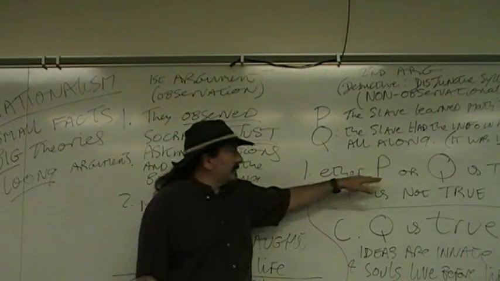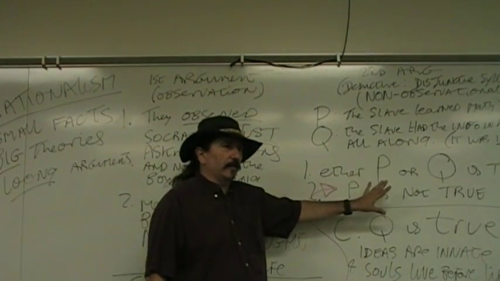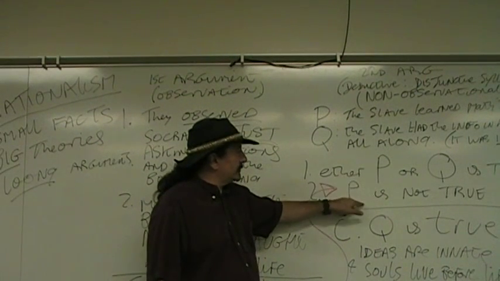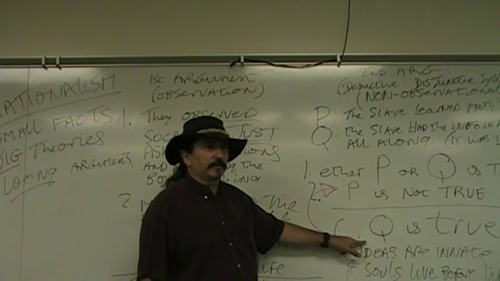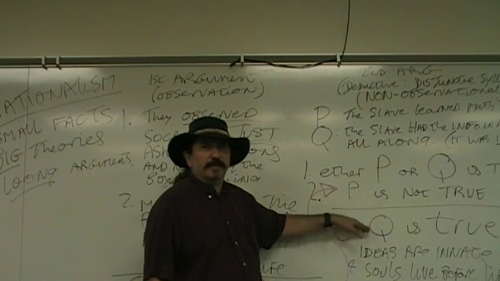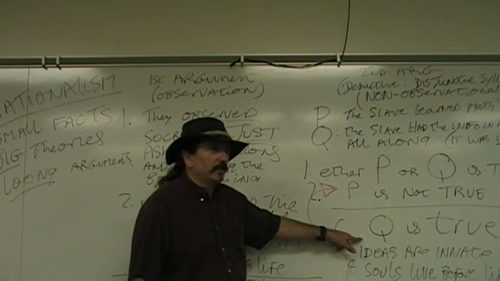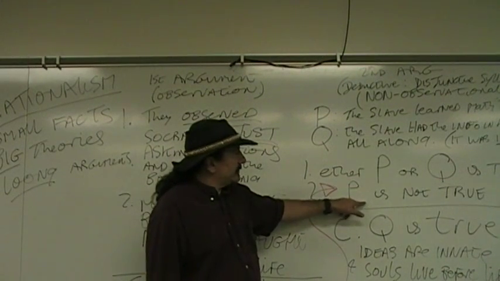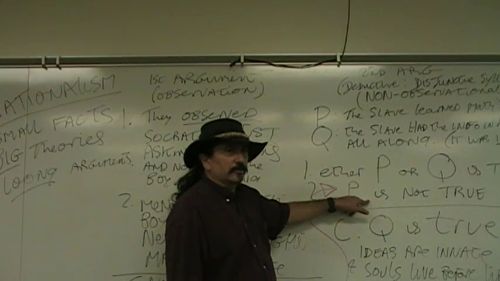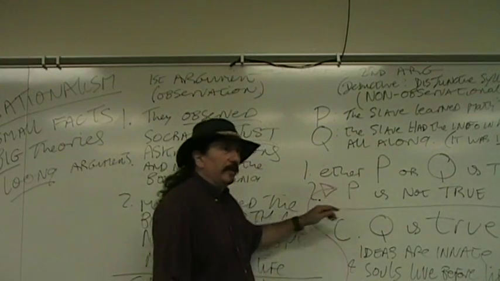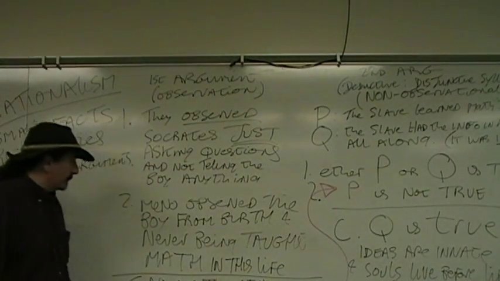This is actually a logically valid argument. If this is true and this is true, this cannot be false. That's just the mathematics. Mathematics is actually based on this kind of logic. The only way this premise can fail is if this argument fails.